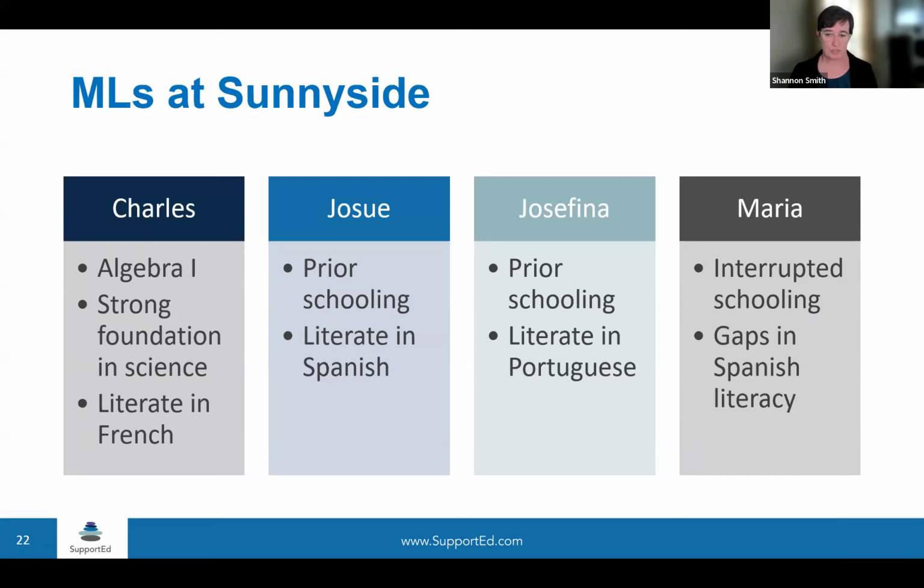And his enrollment screenings noted he was literate in French. For Josue and Josephina, they also came with prior schooling records, but had some academic gaps, or their coursework wasn't really aligning with the prerequisites for courses like Algebra 1. And their enrollment screenings also noted their literacy in Spanish and Portuguese.